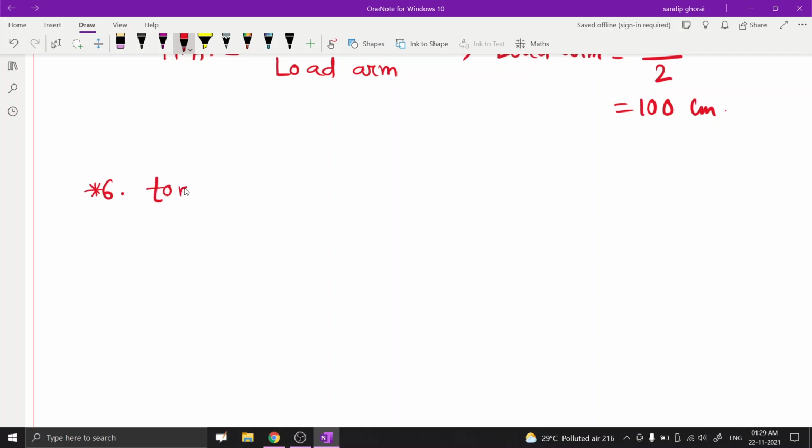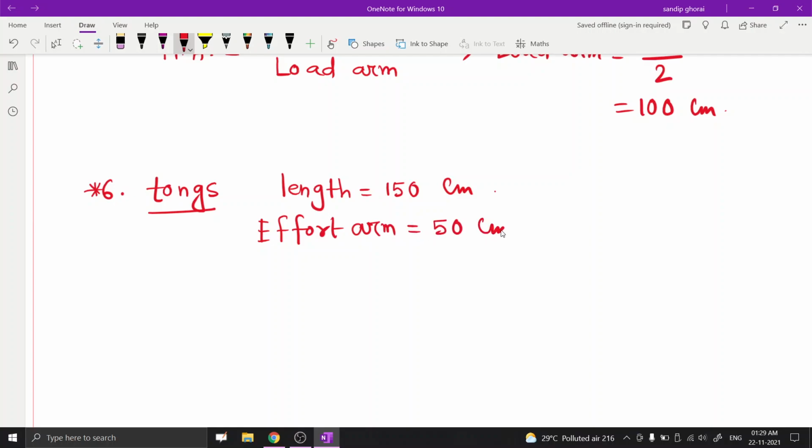In this case, the length of tongs is given, suppose 150 centimeter, and the effort arm is given, suppose 50 centimeter. Now what is its mechanical advantage?